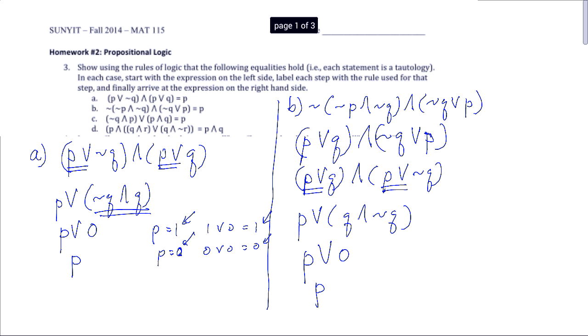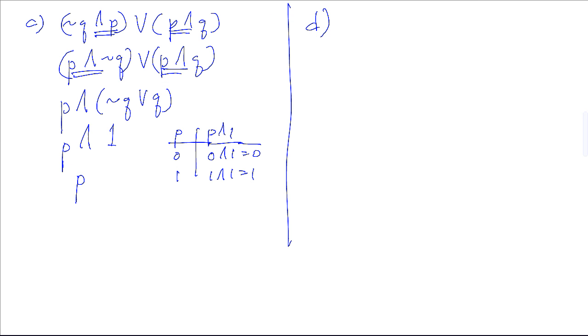And now I have to look at what it looks like. Oh boy. P and the quantity, Q and R or Q and not R. Oops, what did I just do?